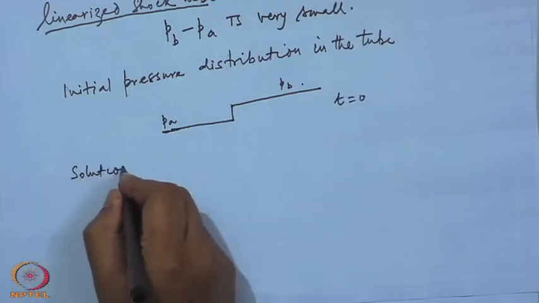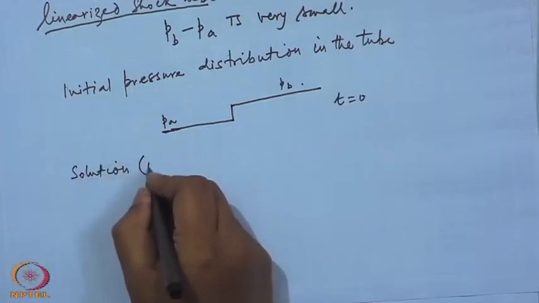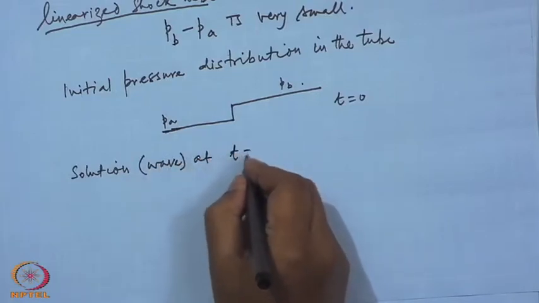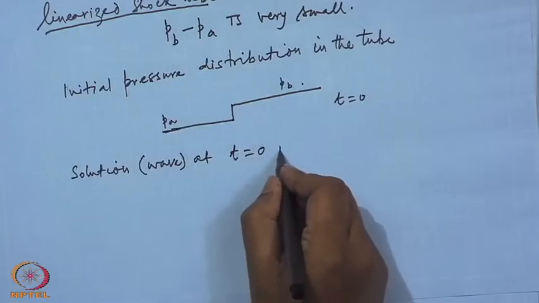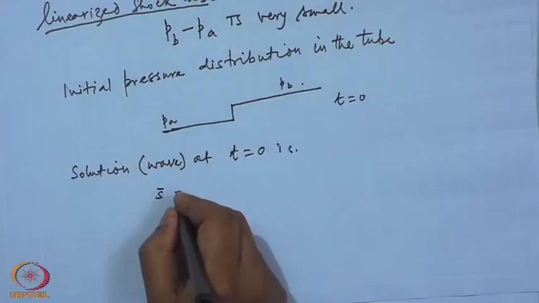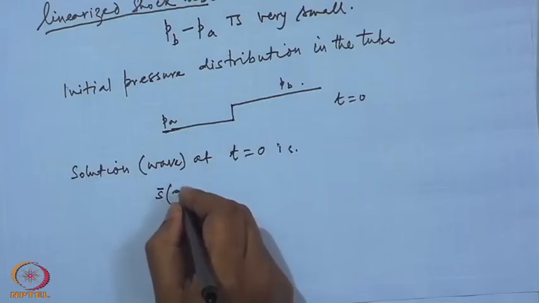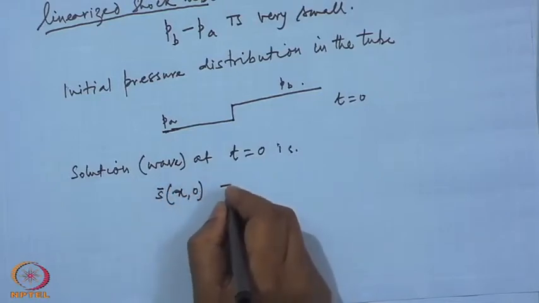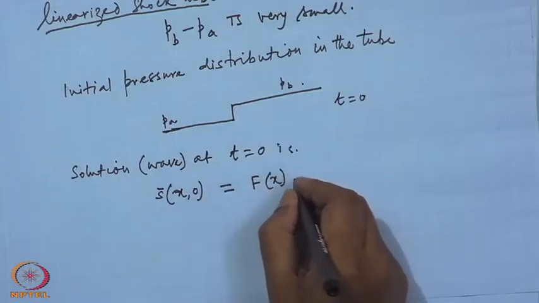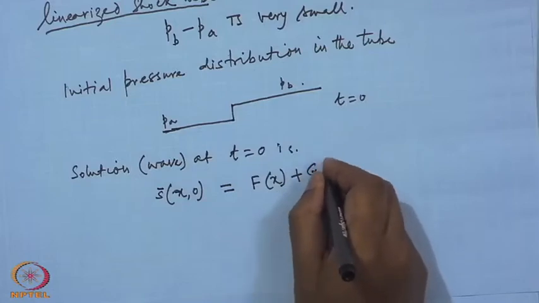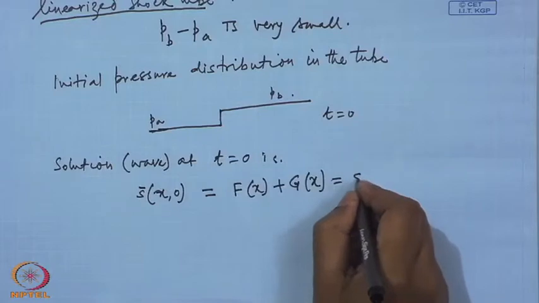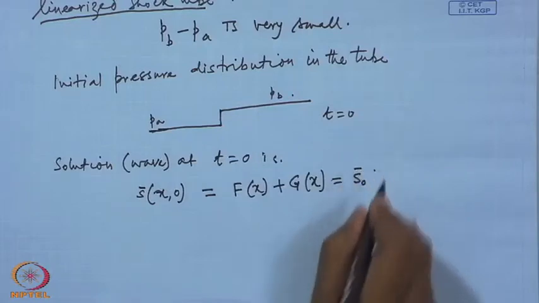Let us say at time t equal to 0, the solution is described by a wave at t equal to 0, S bar at x, 0 equal to f x plus g x, which we call S 0.